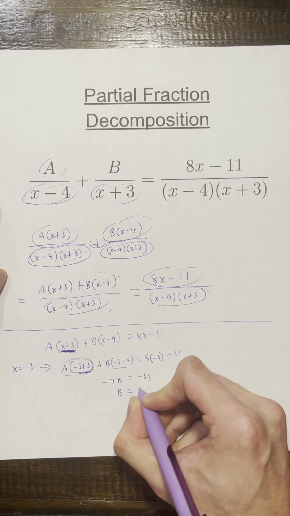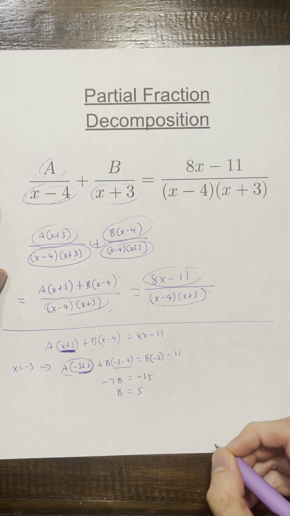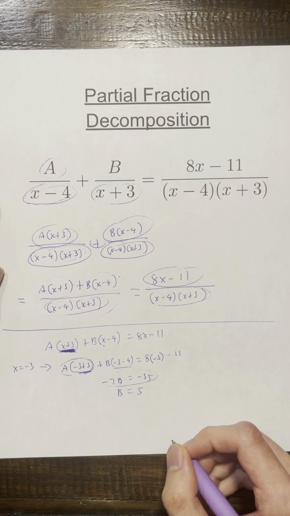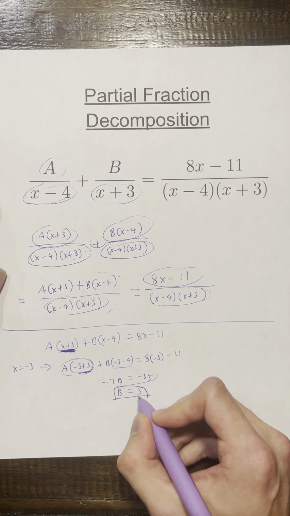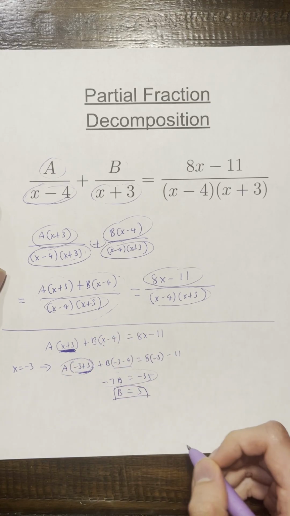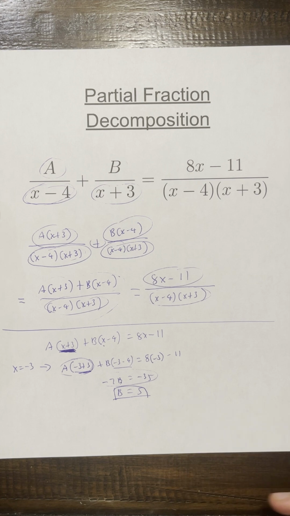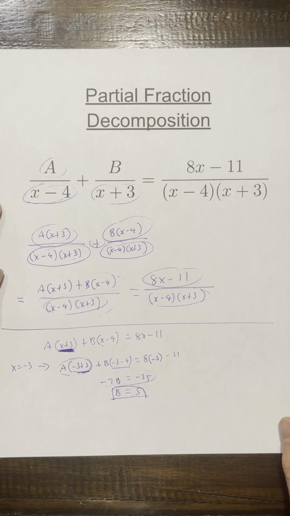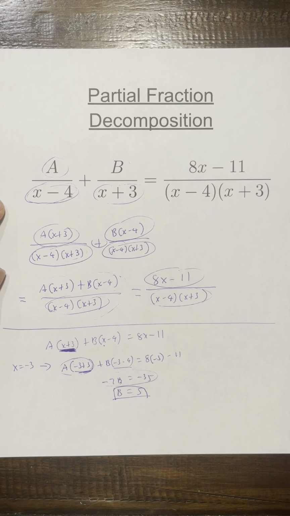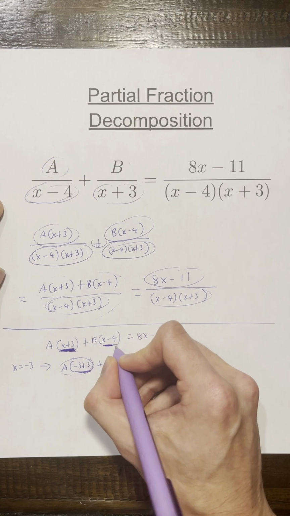We can figure out b is 5 pretty quickly. Okay, so to figure out b, we had to change this to 0. What do you think we need to change to 0 to figure out a? Change this to 0.